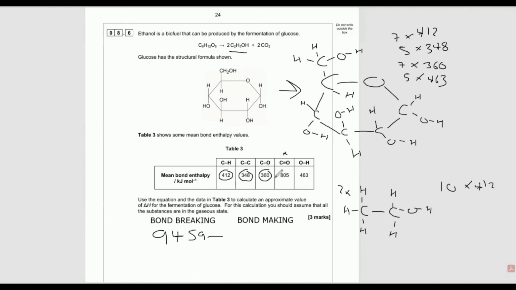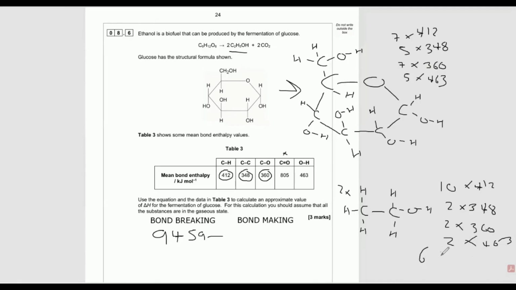Then I have 1 C-C, but 2 times, so 2 times 348. I have 1 C-O, so 2 times 360. And then 1 O-H, but 2 times, so 2 times 463. Whack that all together in a calc.